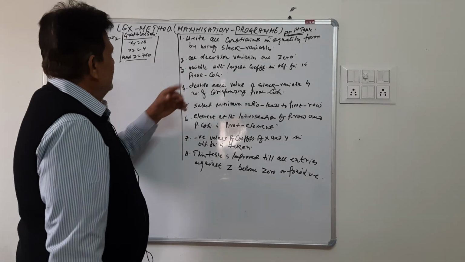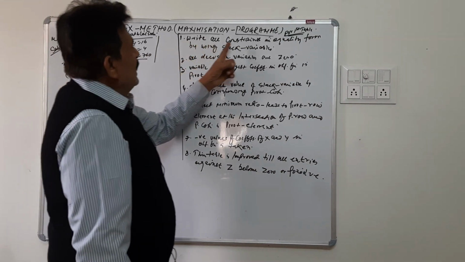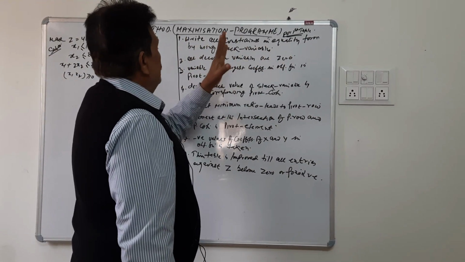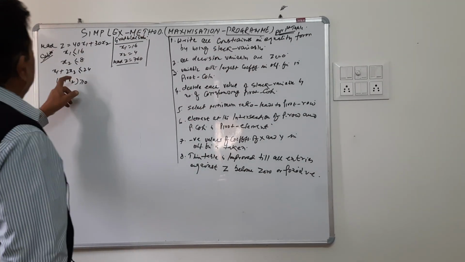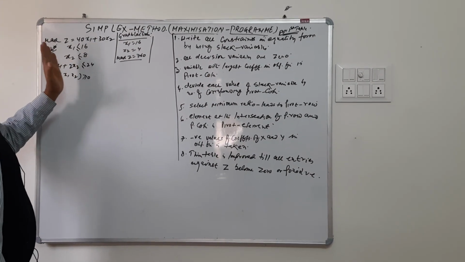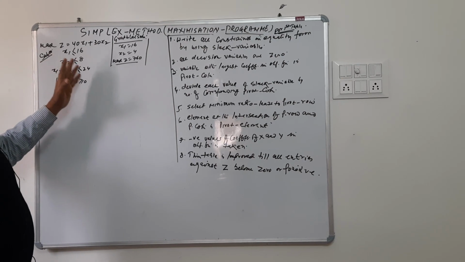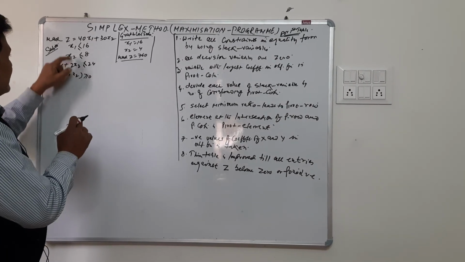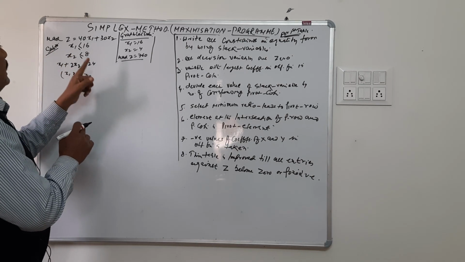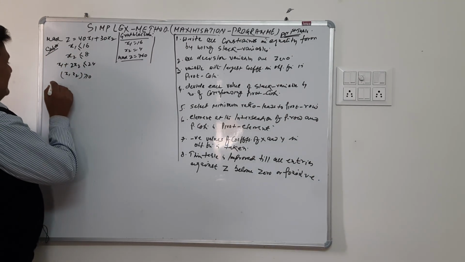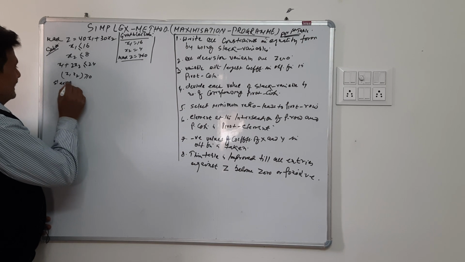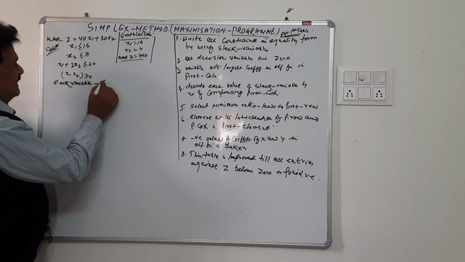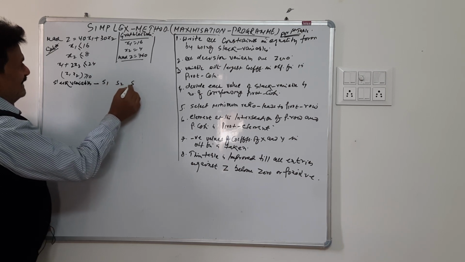Now we start. Write all constraints in equality form by using slack variables. These are the 3 inequalities, and they are in the less than form. So something has to be added in these 3 equations to make them equalities. By using slack variables, we have 3 equations, so 3 slack variables.